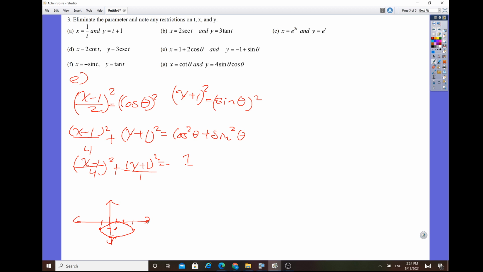Okay, so state the restrictions. For theta, it looks like there's no restriction for this one, because basically that's just like a normal trig function. So for theta, you just consider negative infinity to infinity. And then for x, that'll be bounded from -1 all the way to 3.